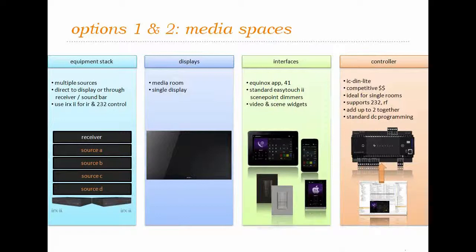So those 4 parts, as you look at this slide, and again, those of you who are driving, I'll describe the 4 parts. 1 is your equipment stack, right? You're talking about sources, which may be directly into a display or a sound bar, perhaps a receiver or an HDMI extender. 2, you're going to need a display, obviously, TVs or projectors. 3, you're going to then set up your interfaces with apps or perhaps an Equinox 4.1.